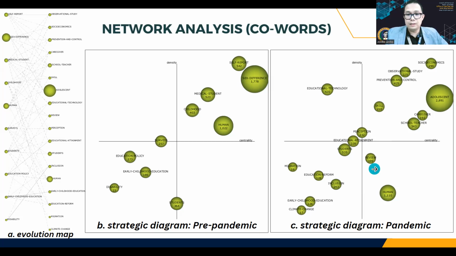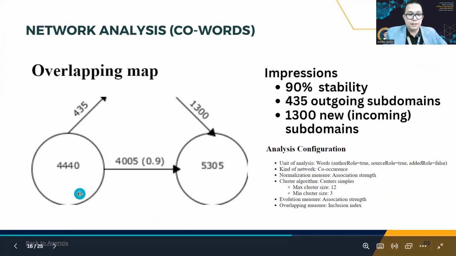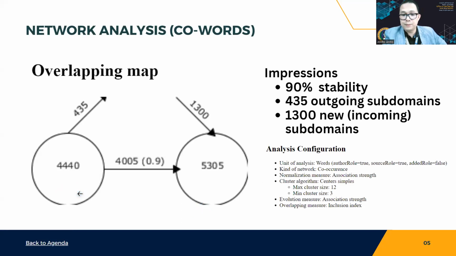So the first one, or the first movement, by the way, I also looked at the overlapping map. In this case, this first circle with the 4,440 figure is the first period, or the pre-pandemic period, and then the one with the 5,305 is the pandemic period. This means that in the pre-pandemic period, there are 4,440 subdomains, of which 4,005 moved to the second period, or the pandemic period.